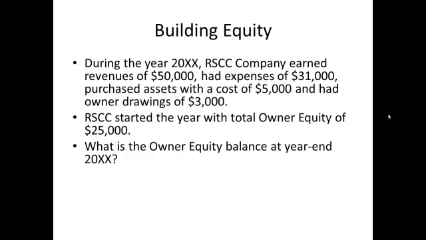Another example, same data, but we added one more information element. Let's say the company, RSCC company, started the year with total owner's equity of $25,000. And during the year, they had the activity as shown at the top. The question is, what is the owner's equity balance at year end?